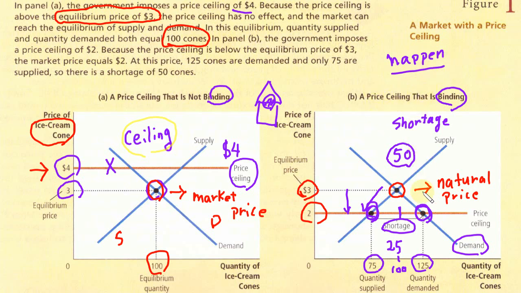So you have to carefully watch whether the price ceiling of the government can produce a negative or positive effect in the market. Okay, so in this case we call it binding. In this case we call it not binding. Okay, binding and not binding. Okay, then we might see the next and see more.